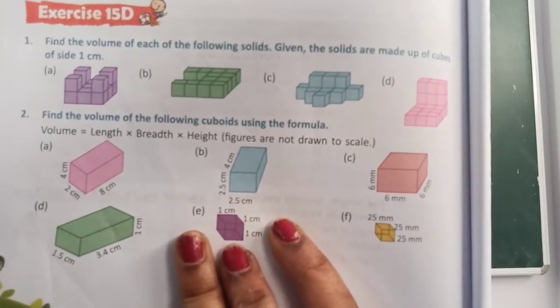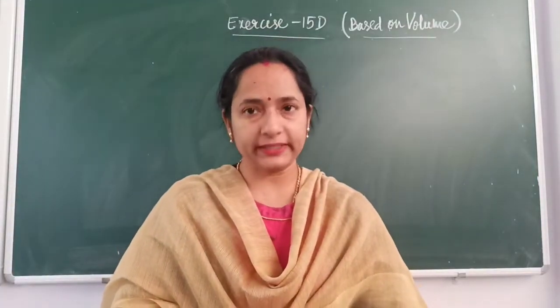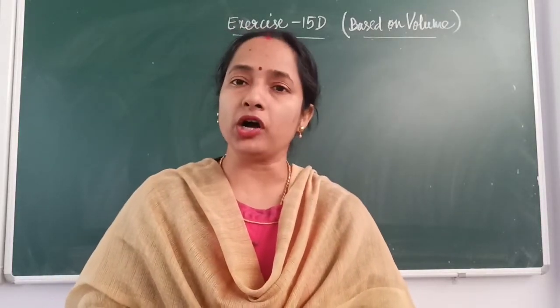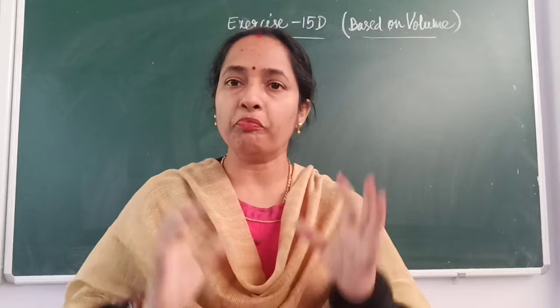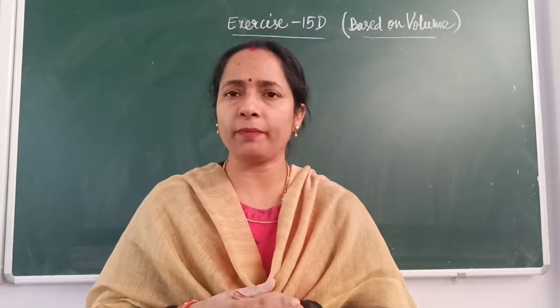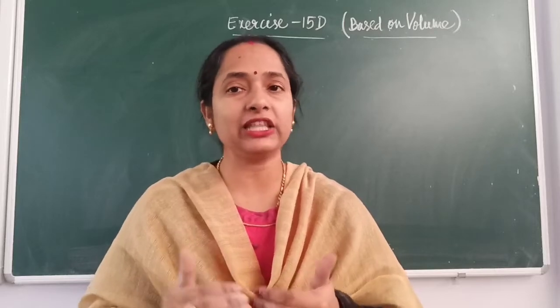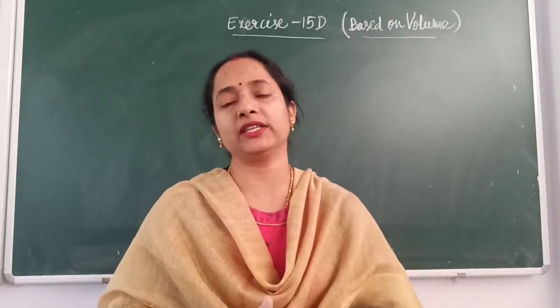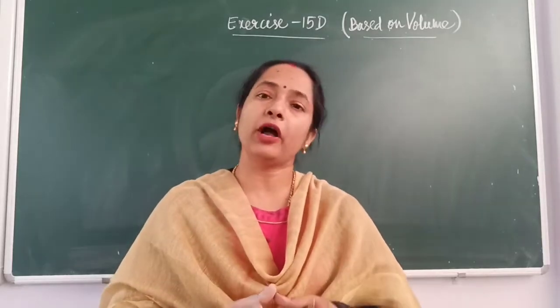Now let us discuss question number 3. Question number 3 is: Shagun bought a box full of oats. Box means it may be in the shape of a cube or a cuboid. So let us read the question and find out whether the box is cuboidal or cubical.